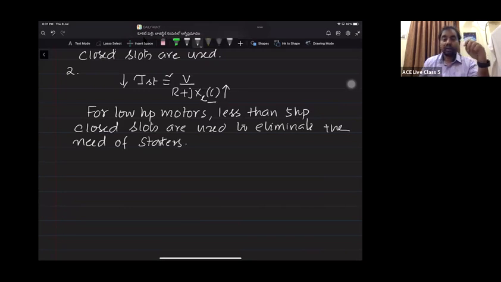Right? So for low HP motors, which slots are used? Closed slots.